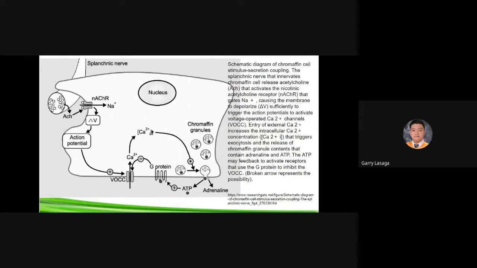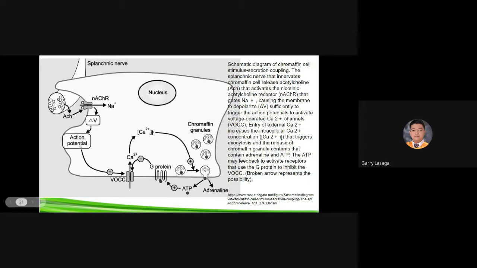The chromaffin granules are those structures in the chromaffin cell that are loaded with catecholamines. They could contain either norepinephrine or epinephrine, but not both. We have specific granules that will contain epinephrine, and we also have specific granules that will contain norepinephrine. When acetylcholine is released, it will act on the nicotinic acetylcholine receptor.